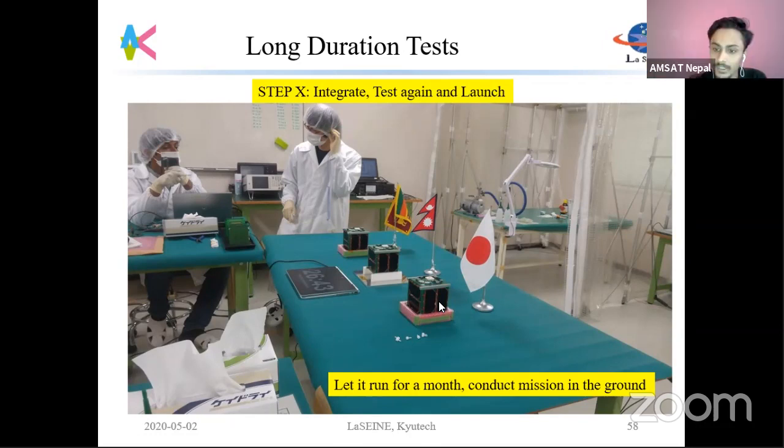We have one more question. Does the software performance vary with the environmental conditions in space? Okay, so unless the hardware changes, the performance does not change. If the software is not changing, you should not expect the hardware to behave in a different way.